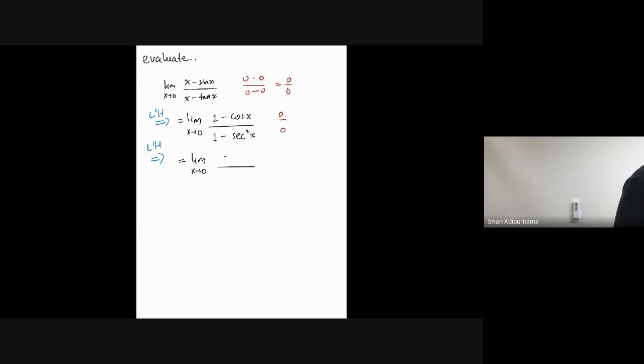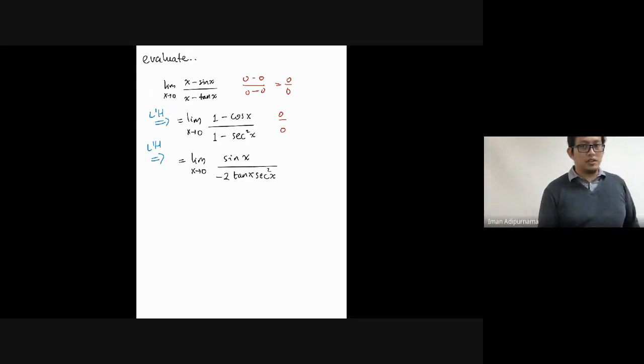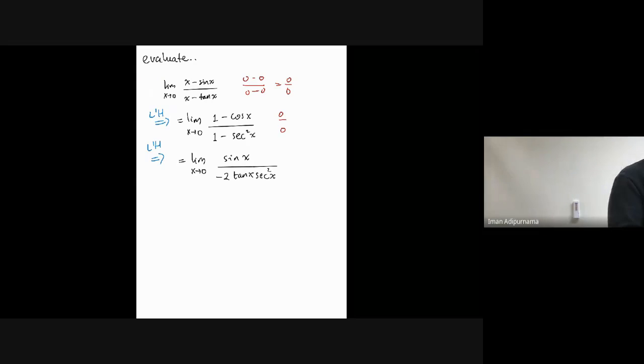It will be sine x, and then minus 2 tangent x secant squared x.